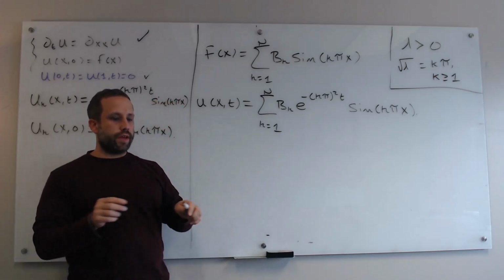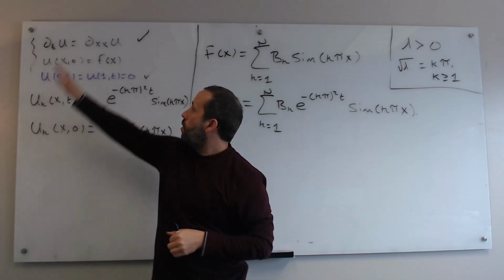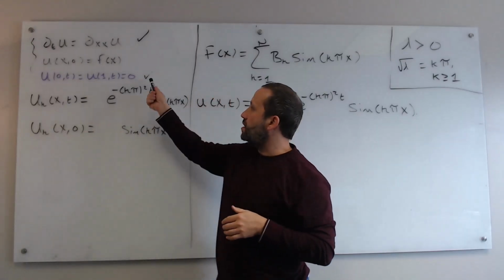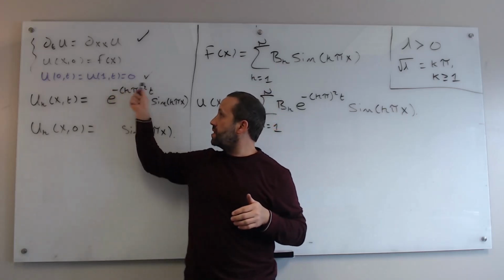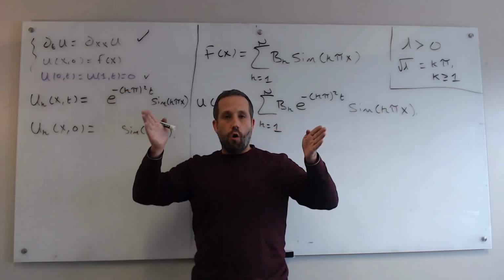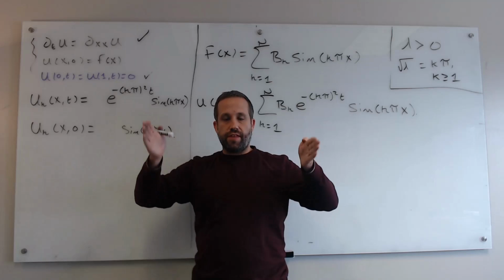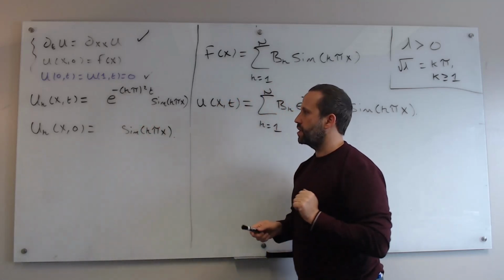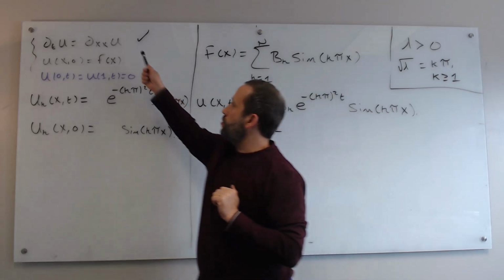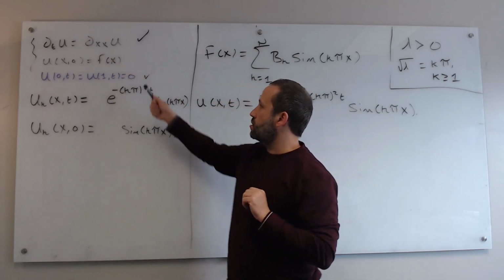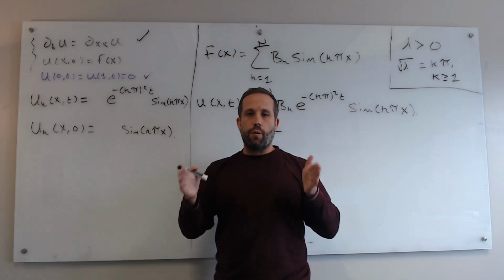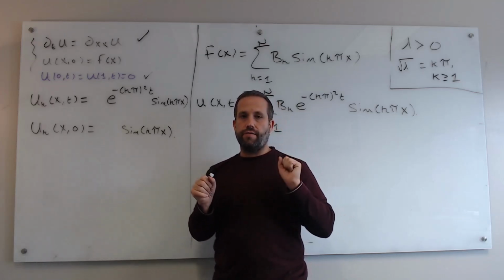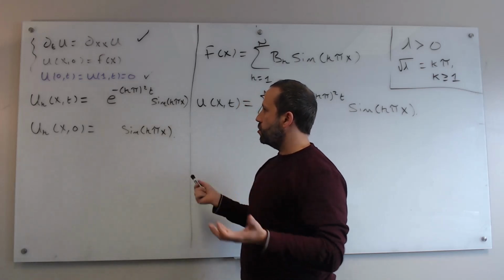But the number one thing that I want you to know now, we're looking at a finite domain. So we add these boundary conditions. Physically, the ones we have here say we are holding the temperature of the ends of the rod at 0. We'll look at other boundary conditions later. We looked for solutions of this PDE that also satisfied the boundary conditions that were product solutions. In other words, a function of just x times a function of just t. When we did that, we got two different equations.